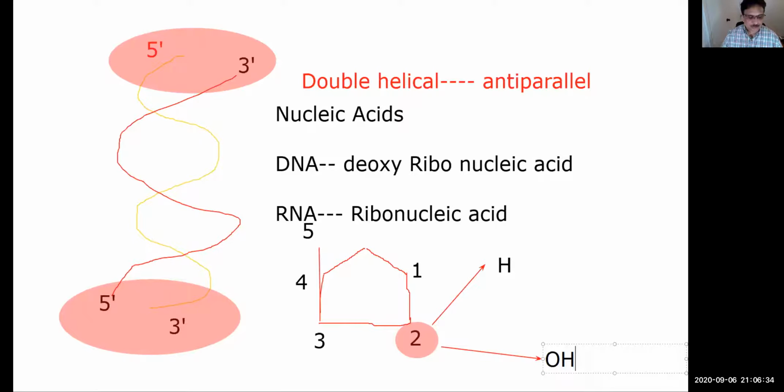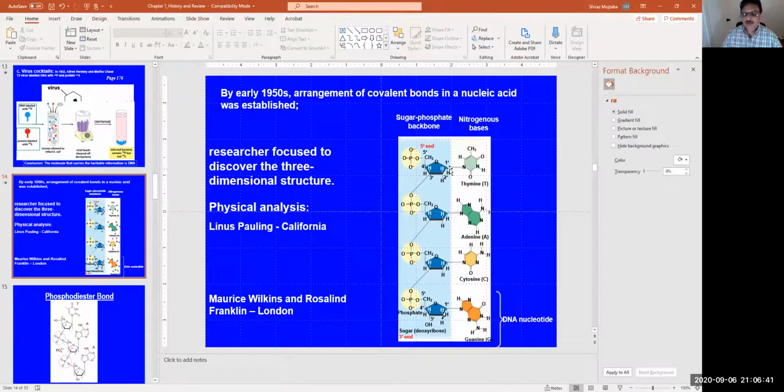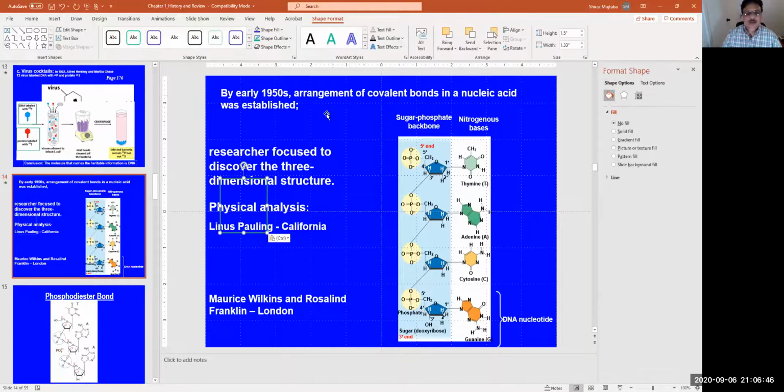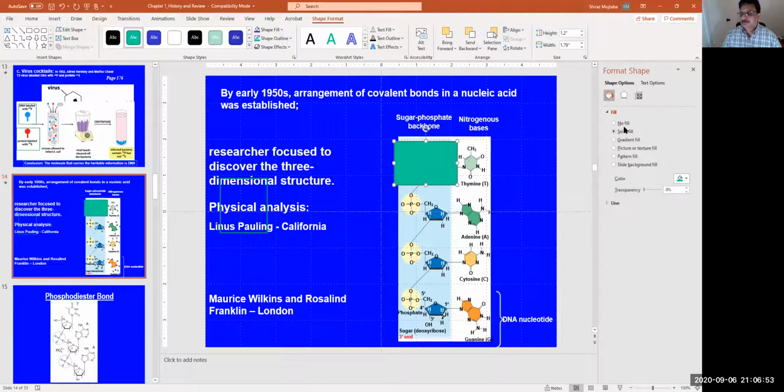So let's go back to the PowerPoint slide. What you see in this structure is a sugar ribose, 5 carbon atoms. Let's focus on carbon number 5 prime and then 3 prime.